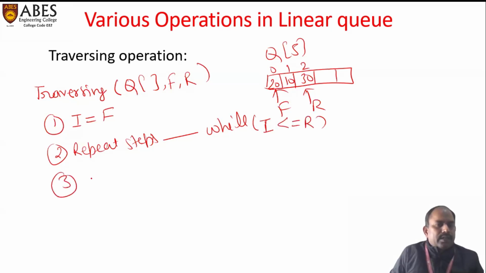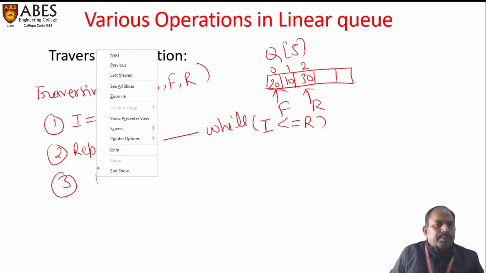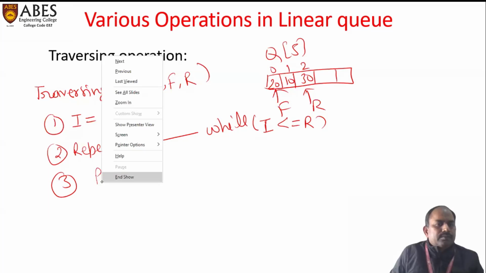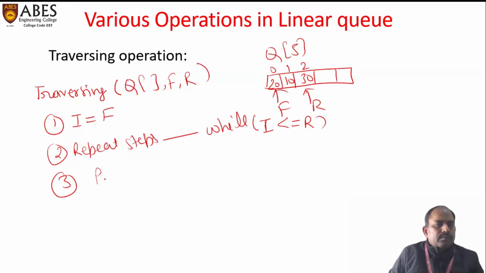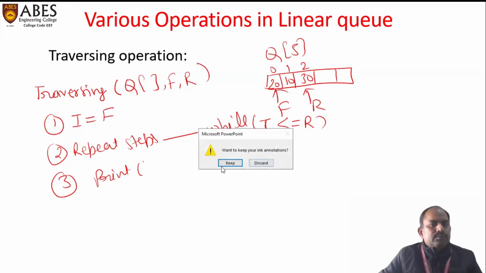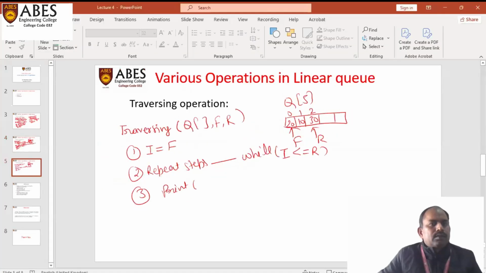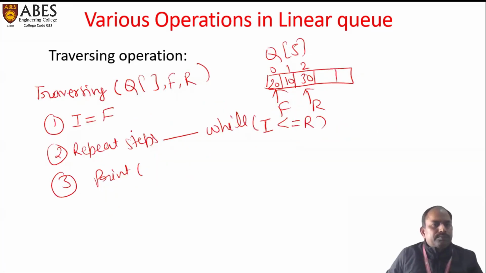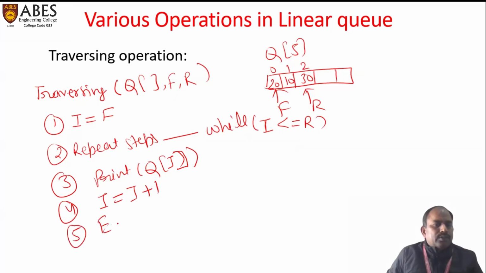In the third step, we write print Q of I. In the fourth step, we increment the value of I: I is equal to I plus 1, and in this step we perform exit.